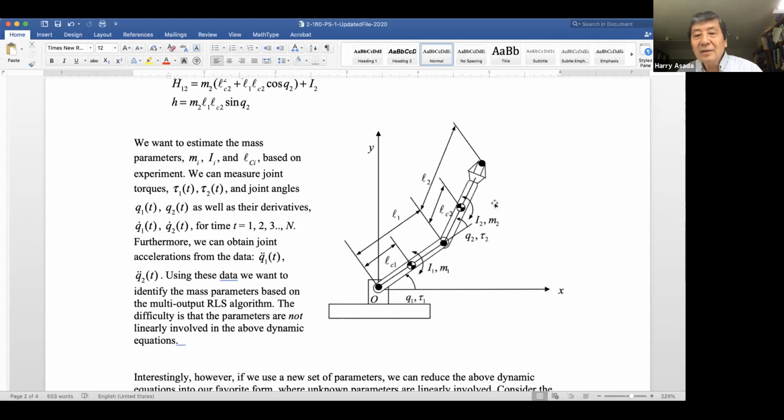Okay, and the robot is to pick up some unknown object over here, including that mass added to the final link.